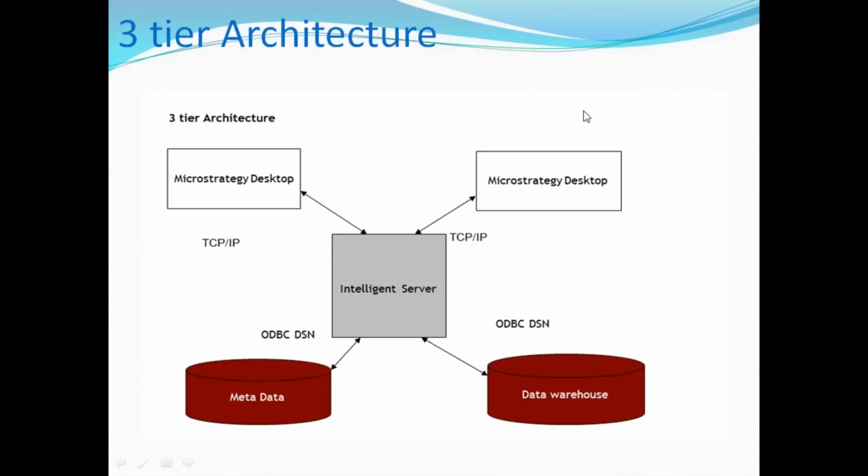In 2-tier, there is only one interface, meaning only one person can work on it. In a 3-tier connection, you can have multiple users connecting to the server, and then you have this particular interface, MicroStrategy Desktop or Developer interface. The connection between them should be a TCP/IP connection.